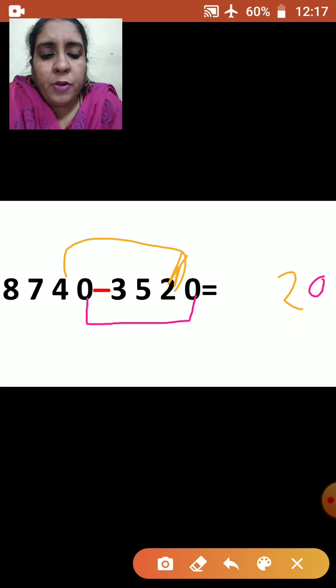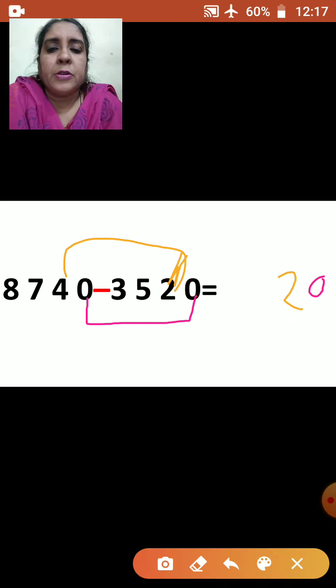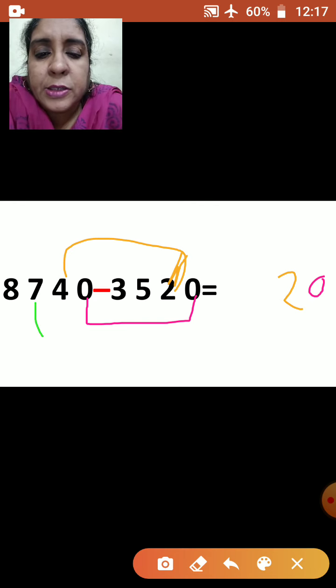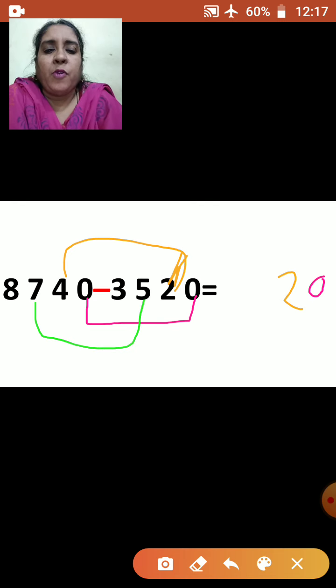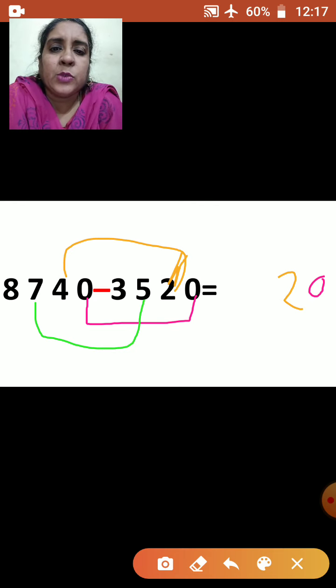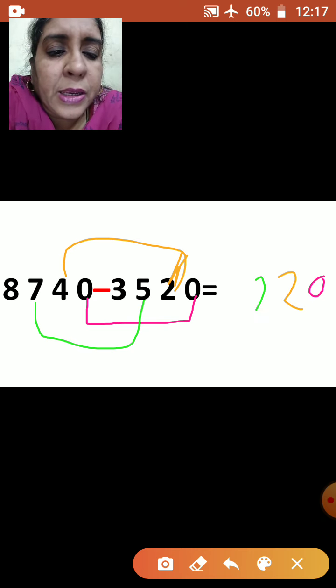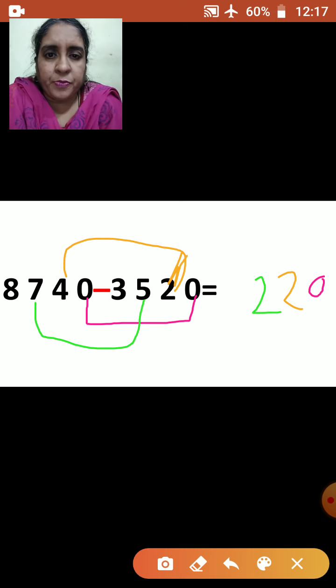Okay. Now we will go to another place, that is hundreds place. Which numbers are there in hundreds place? 7 and 5. So you will draw the line. 7 minus 5. How much will you get, 7 minus 5? Yes, 7 minus 5 is 2.